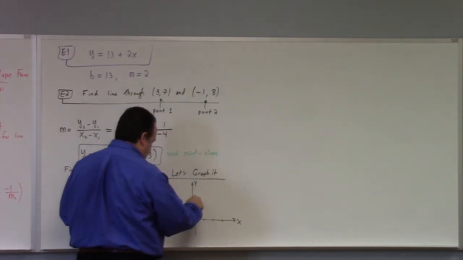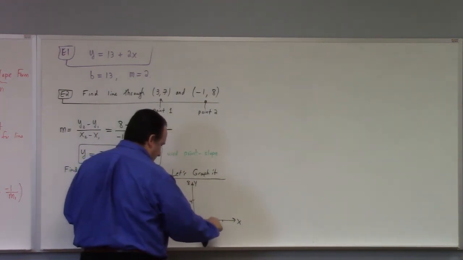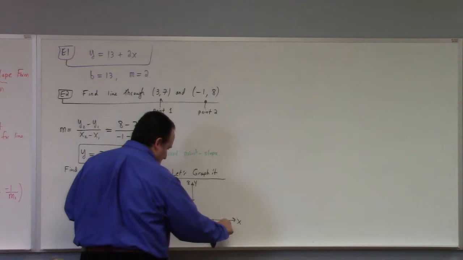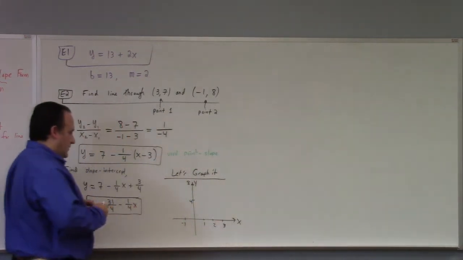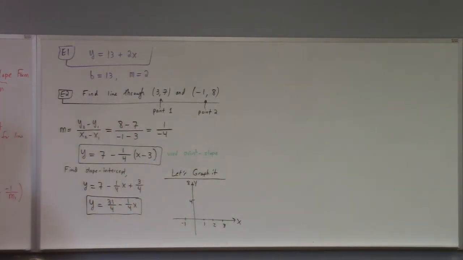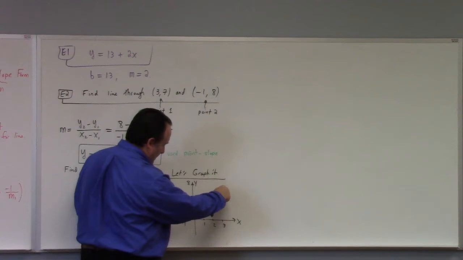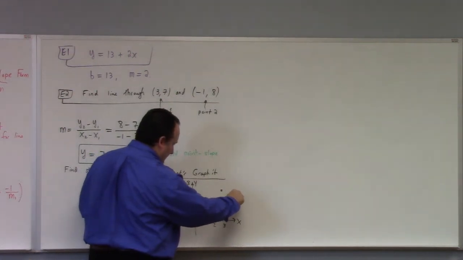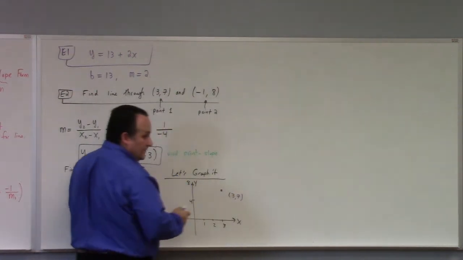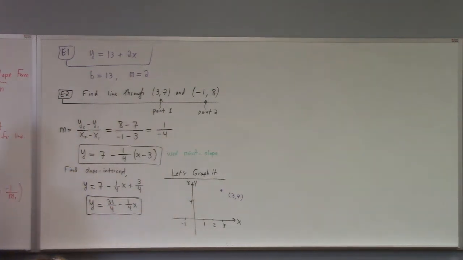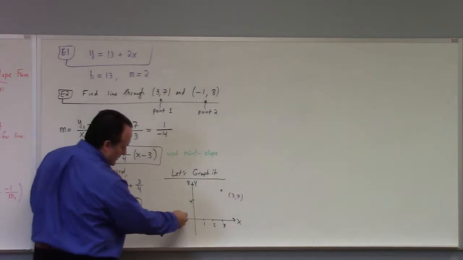I'm not going to do this quite to scale, so I'm going to make this 8, I'm going to make this 4. Here's -1, here's 1, here's 2, here's 3. So (3, 7) is roughly speaking on my scale about here-ish, right? And (-1, 8), where's that? Up here, right?